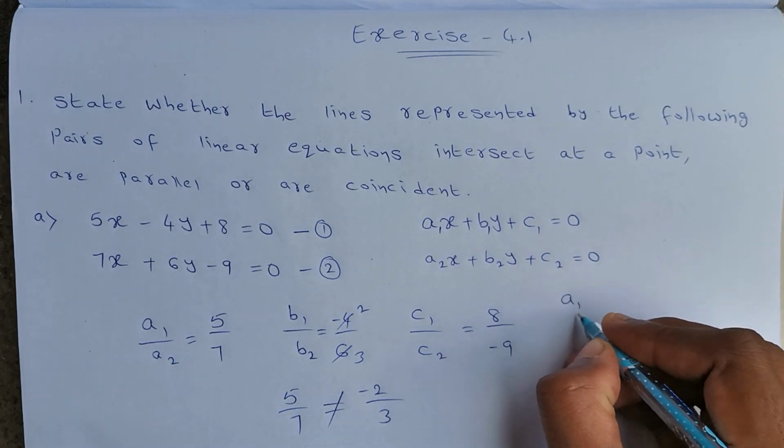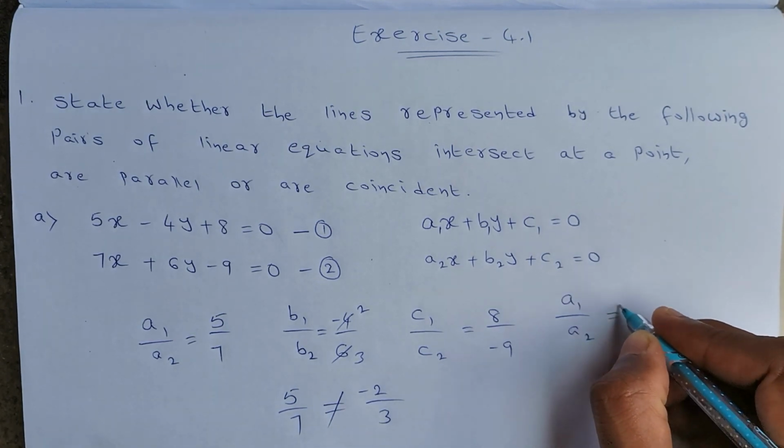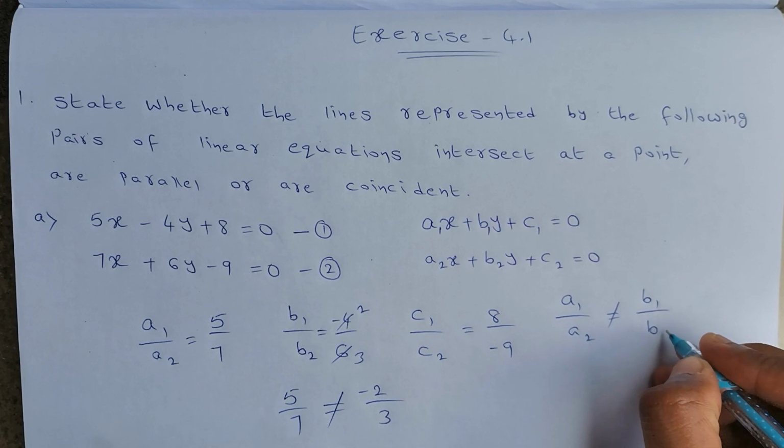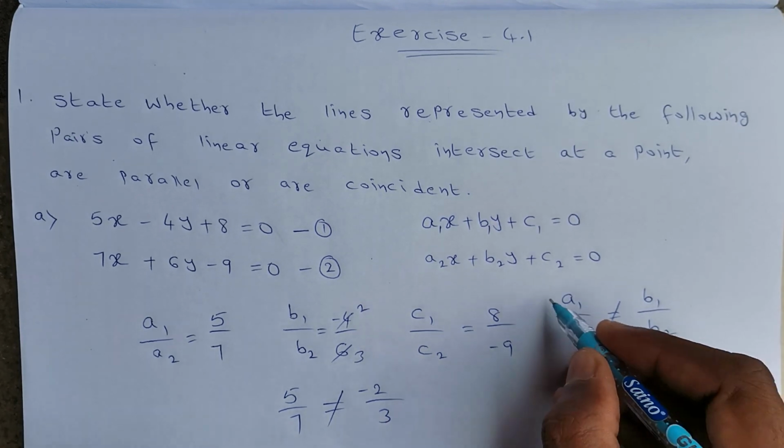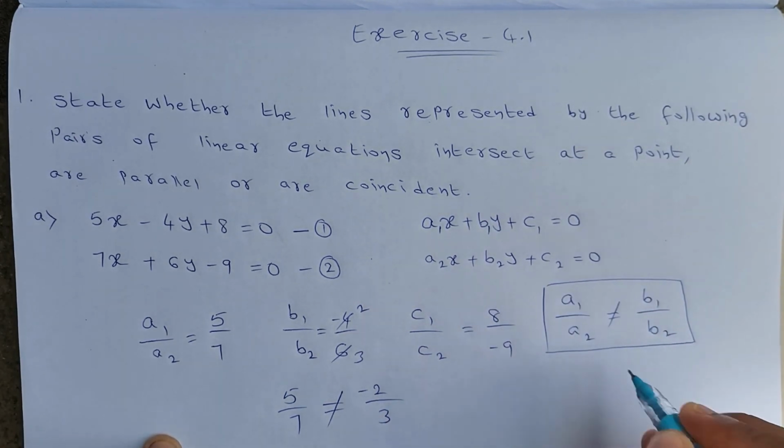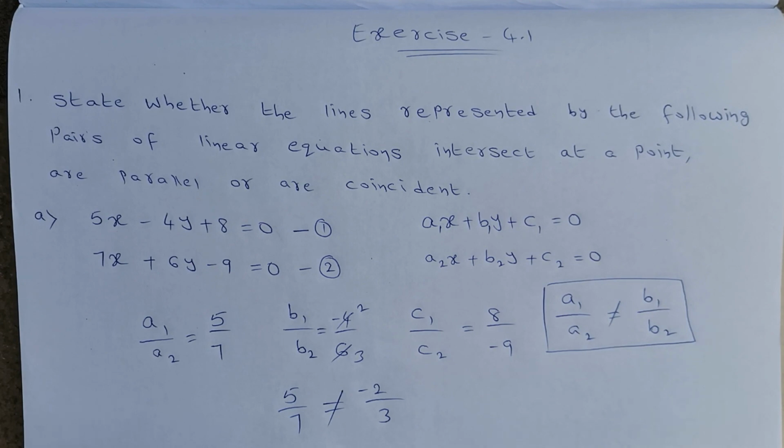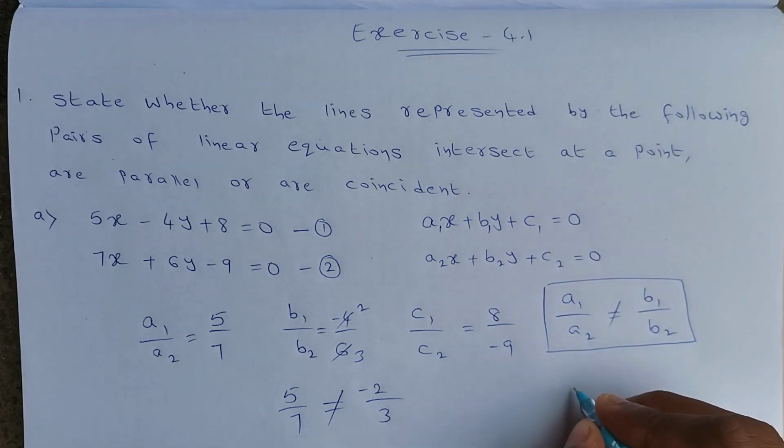That is, a1 by a2 is not equal to b1 by b2. If a1 by a2 is not equal to b1 by b2, then those two lines will intersect at a point.